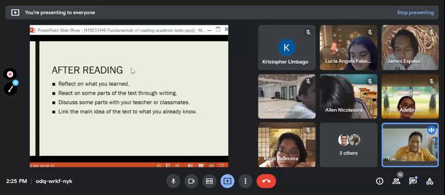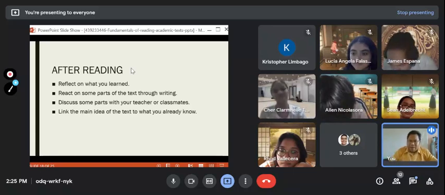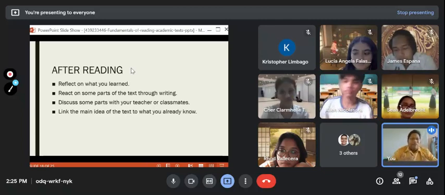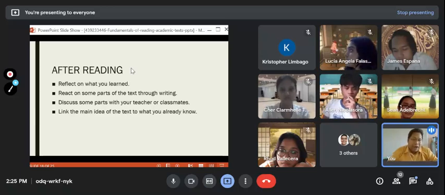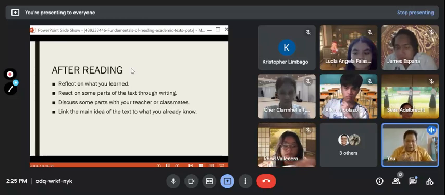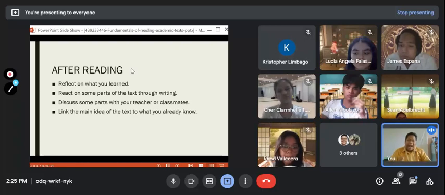Sir, this is something that I've read in the material. What does this mean? That is part of after reading because after reading the text, there was something that you were trying to process together with another person. Questions regarding before reading, during reading, and after reading as reading strategies.